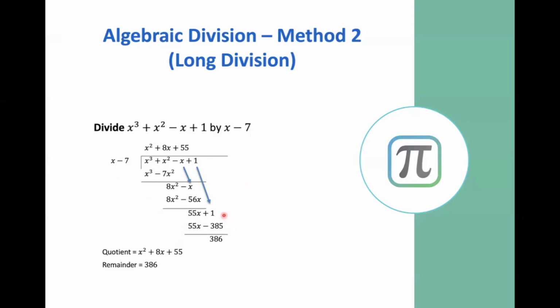So 1 minus minus 385 gives us 386. So therefore, if we divide x cubed plus x squared minus x plus 1 by x minus 7, our quotient is x squared plus 8x plus 55, and our remainder is 386.